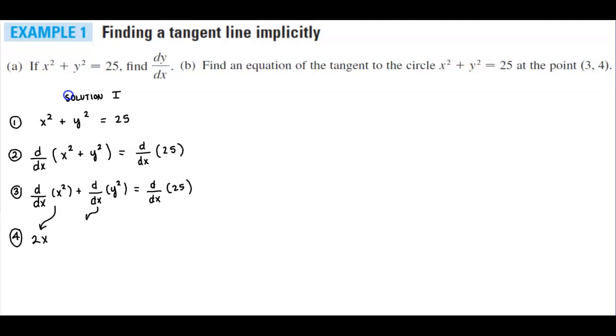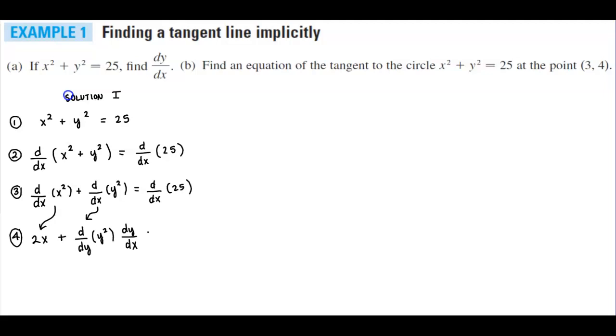Now we're going to find the derivative with respect to x of y squared. What this equals is the derivative with respect to y of y squared times dy over dx.